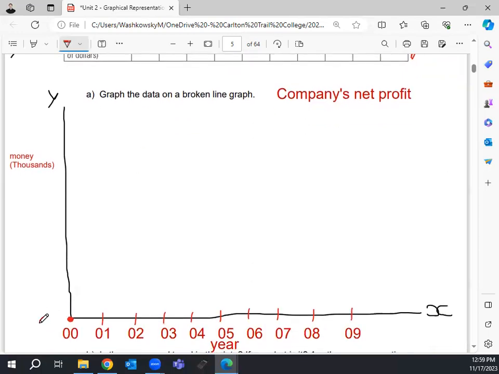I'm probably going to start at $0, but at the very, very top, I'm going to need to have 65. And then just like before, I can't just have a bunch of data points like that, right? It needs to be properly spaced. They need to be measuring the same amount of money. So I'm going to go up by 5 or maybe by 10 is what I'm going to do.